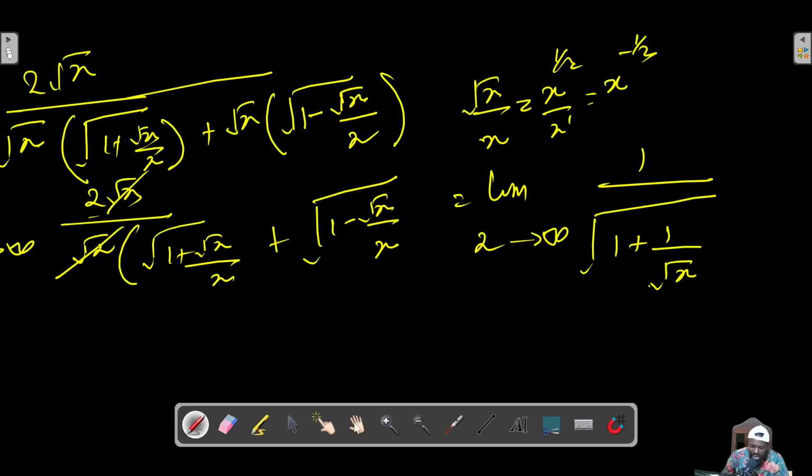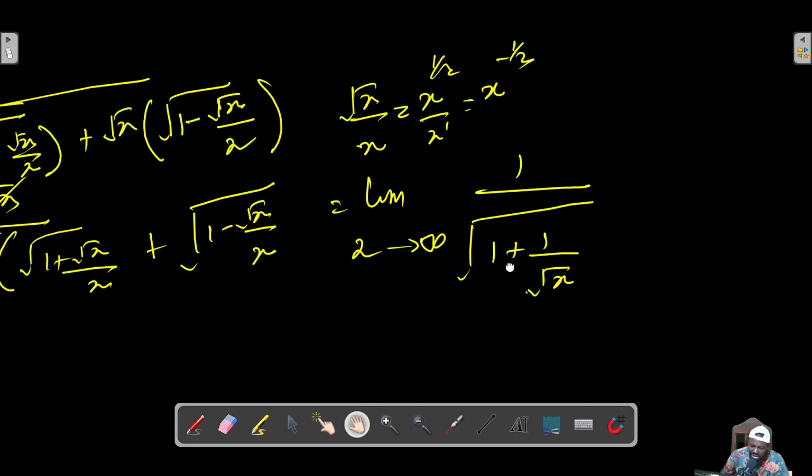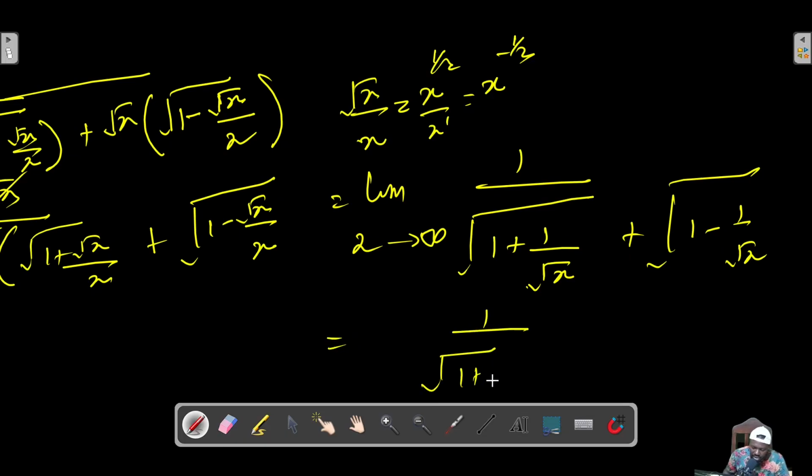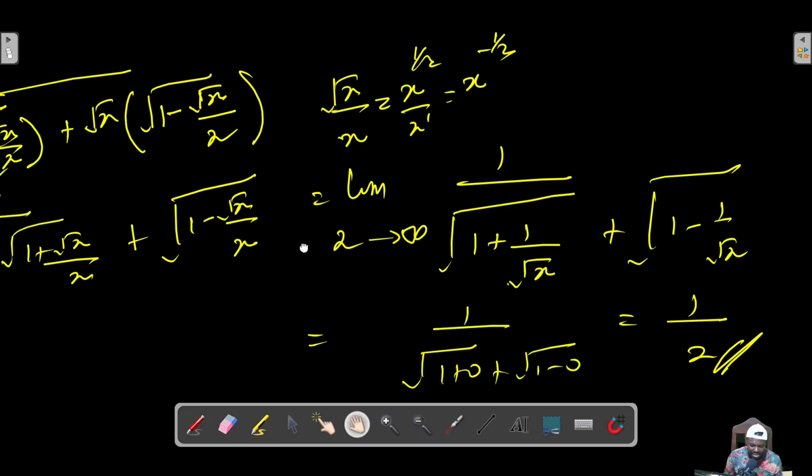The same applies to the other term as well, plus root 1 minus 1 over root x. So you realize as x is approaching infinity, this value will approach 0. This value will also approach 0. So what are we going to get? We end up getting 1 over root 1 plus 0 plus root 1 minus 0. We end up getting 1 over 2. That will be our answer.